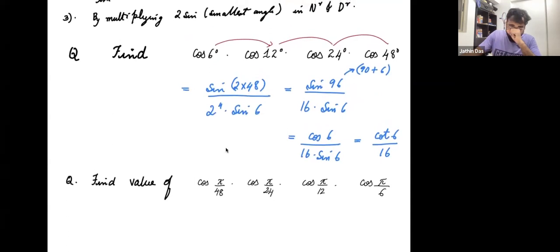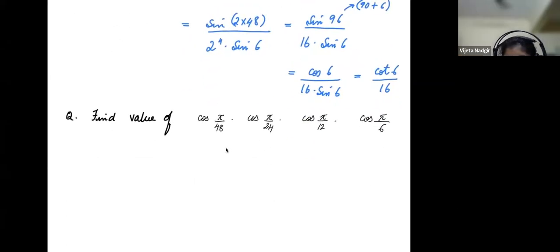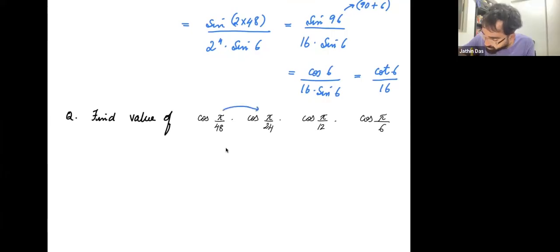This was directly given in ascending order. Okay. Now here, same. So again you will multiply by 2, again multiply by 2, again multiply by 2. So here which is the biggest angle? Biggest angle. Okay.